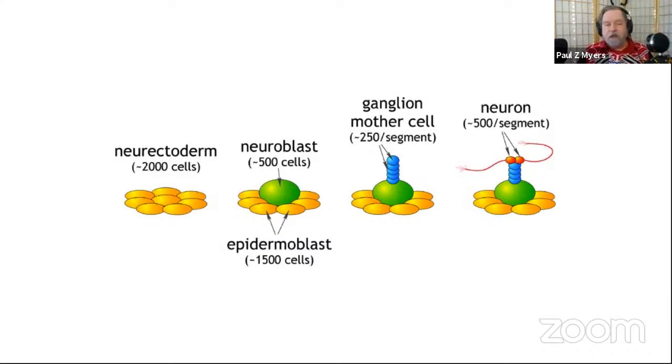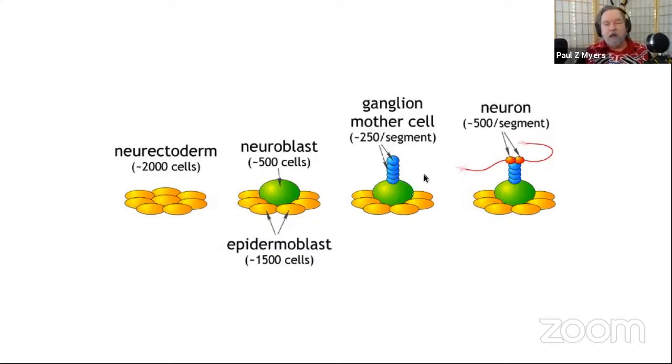That cell, that green cell there, goes through a series of unequal divisions and buds off a chain of what are called ganglion mother cells. And it's kind of cool to see in the actual embryo. You've got these big cells down deep, and then you've got these little swirly chains of ganglion mother cells coming off of them.